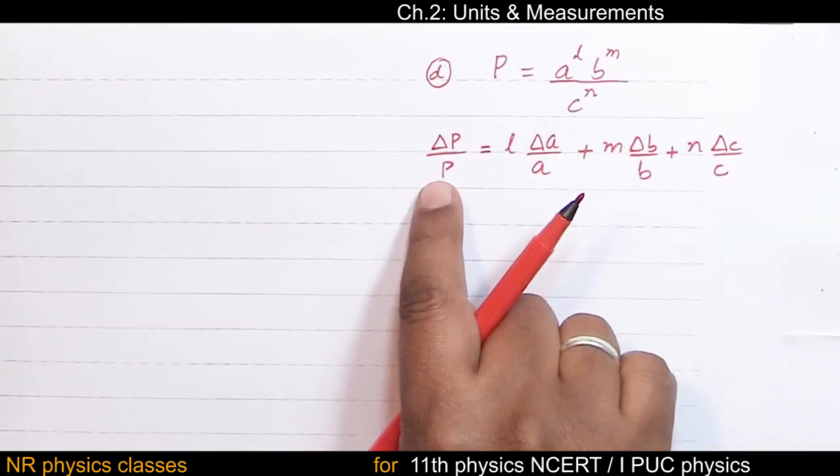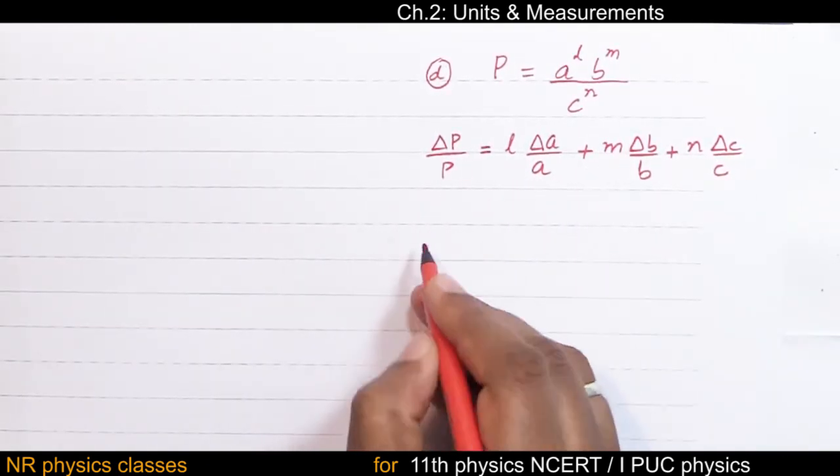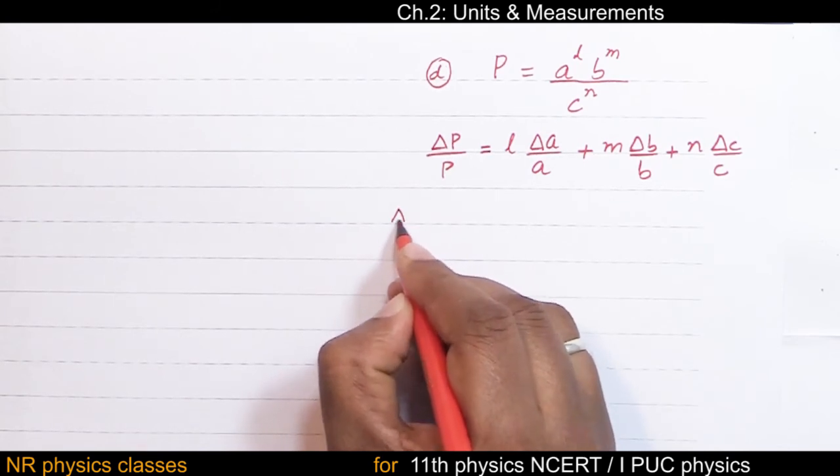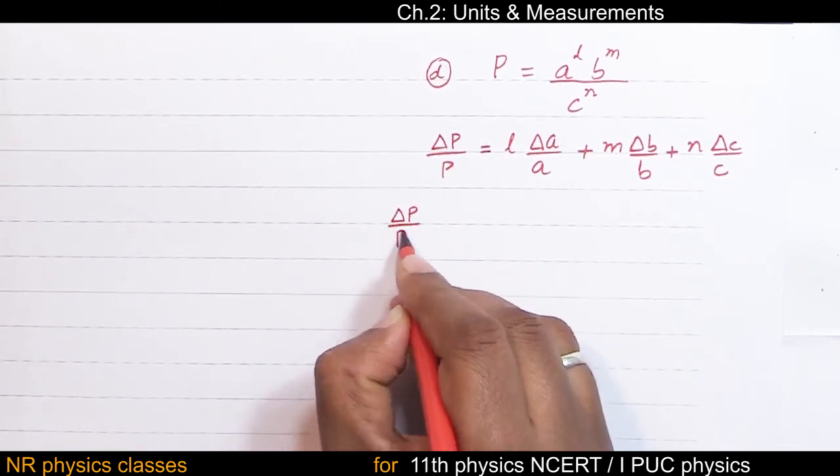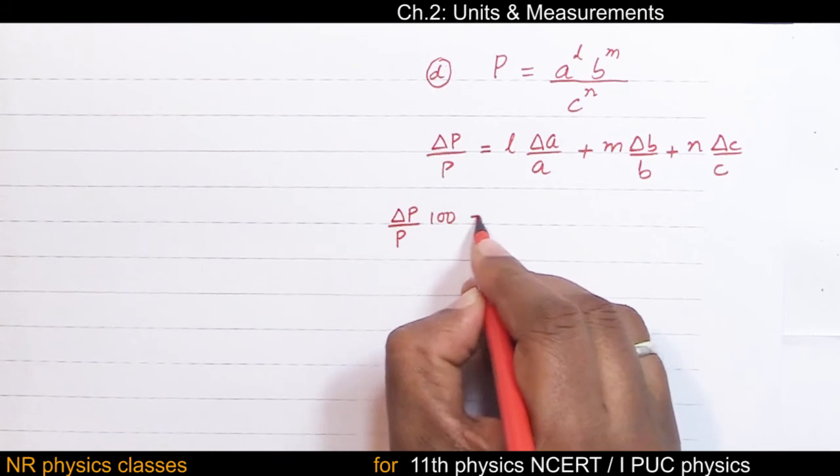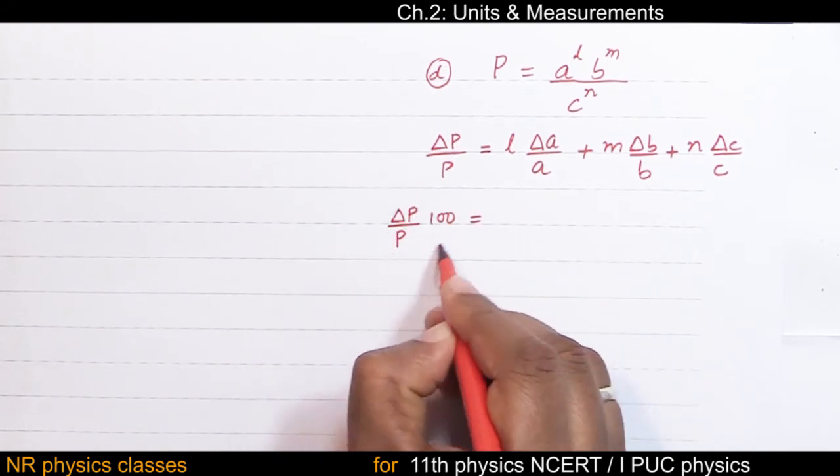Now let us multiply throughout by 100. Delta P by P into 100 equal to, this becomes percentage error.